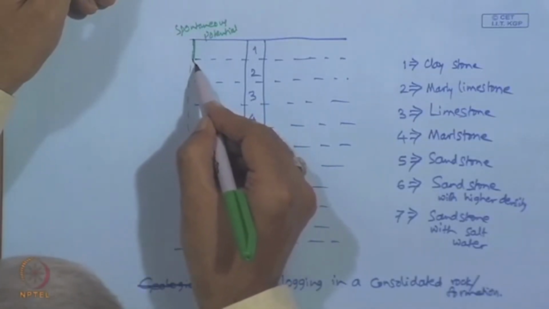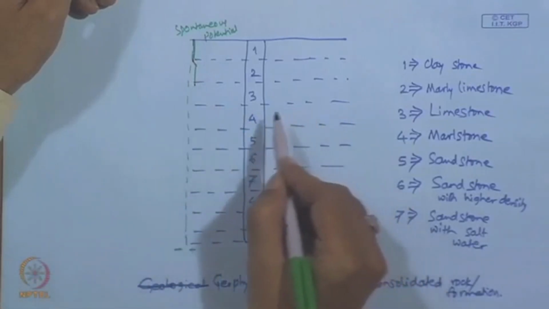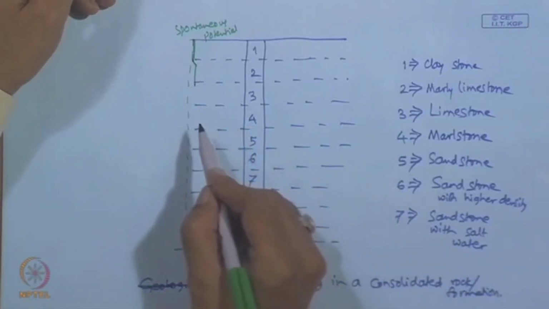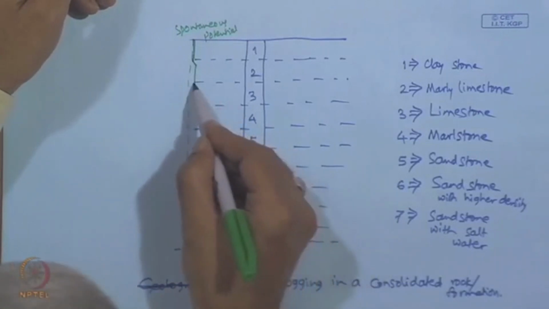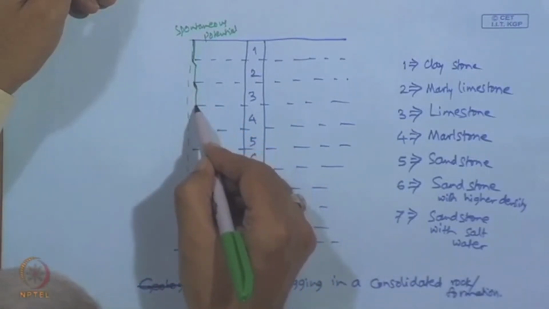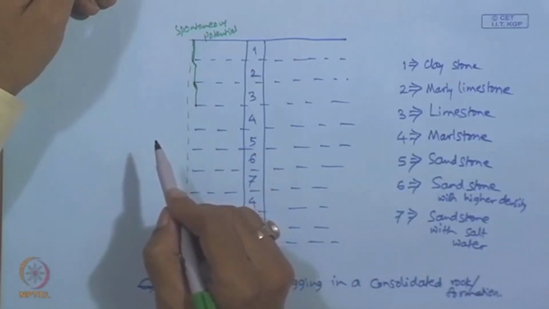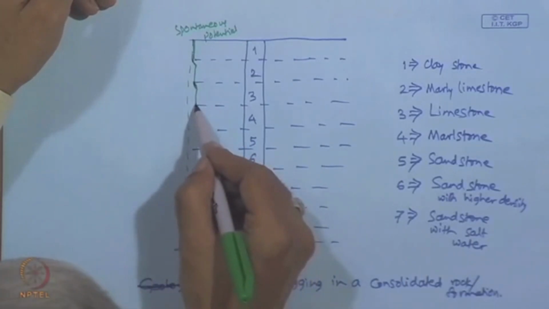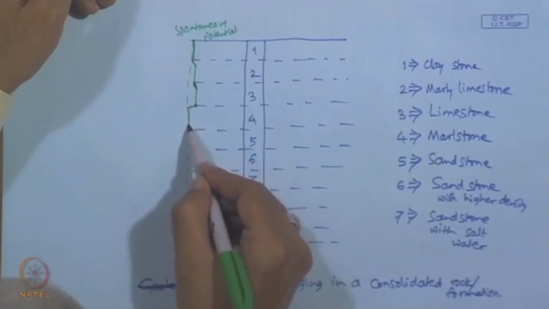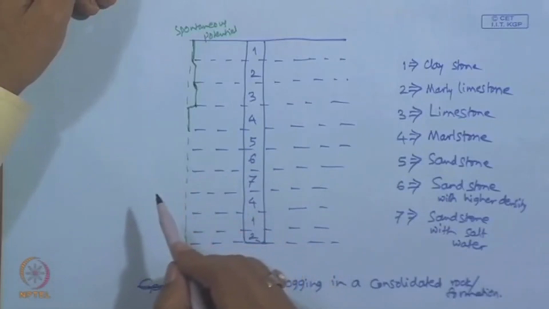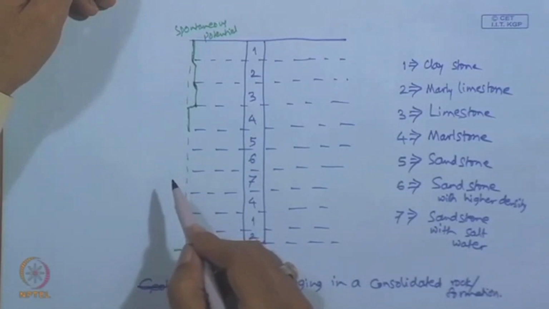Then the marly limestone will be slightly higher, followed by limestone, which will be even higher, then again marlstone, which will also have almost negligible spontaneous potential.